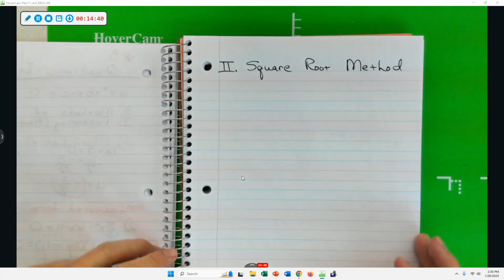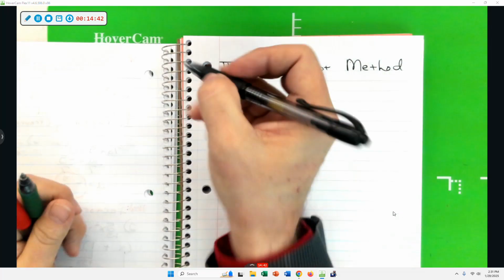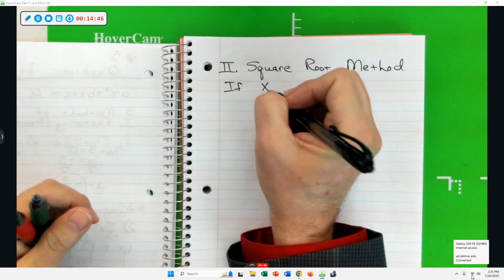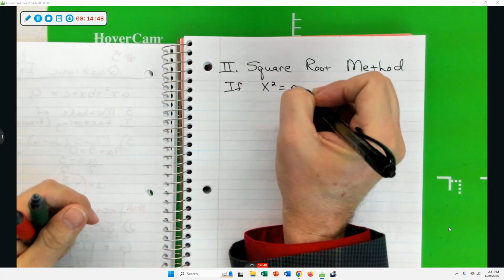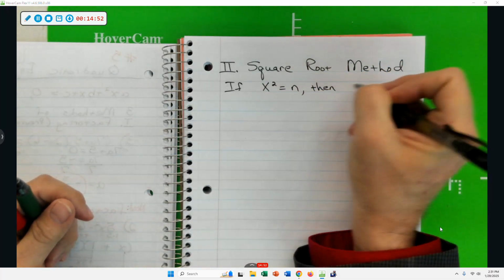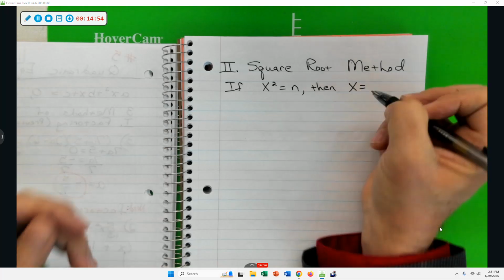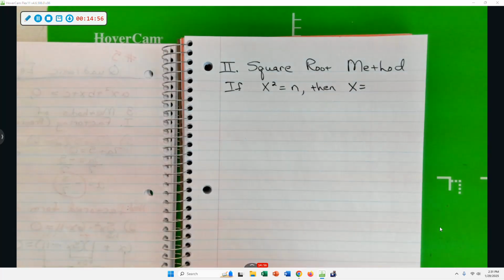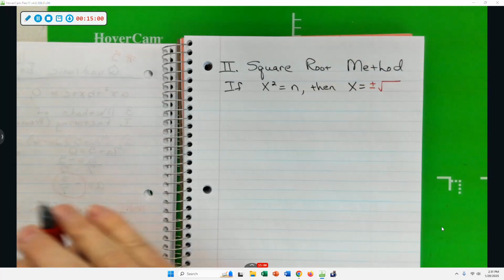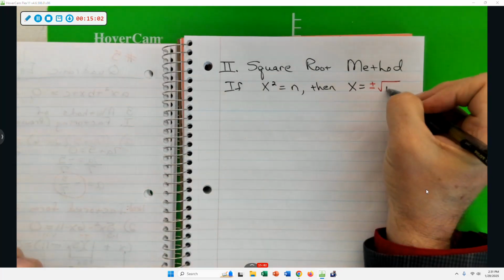The square root method says that if you have some quantity squared, if x squared is equal to a number n, then x has to equal the positive or negative square root of that number.